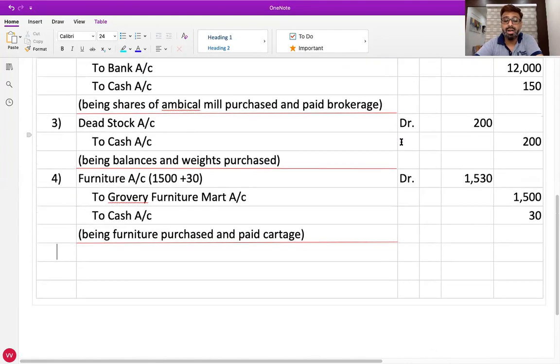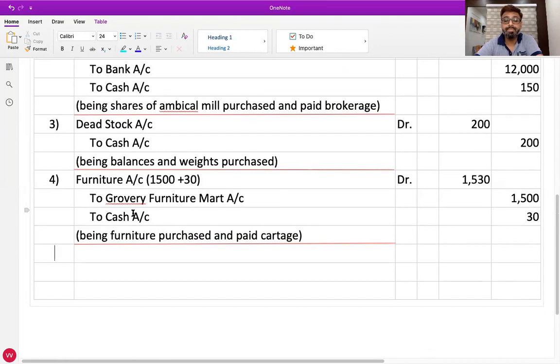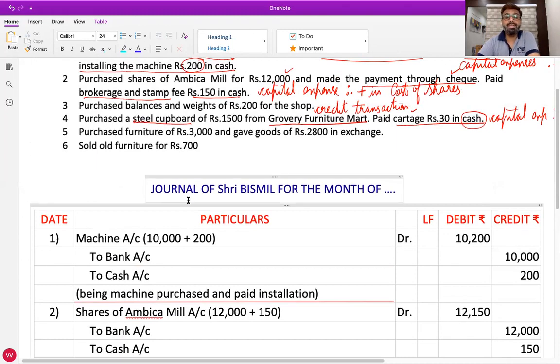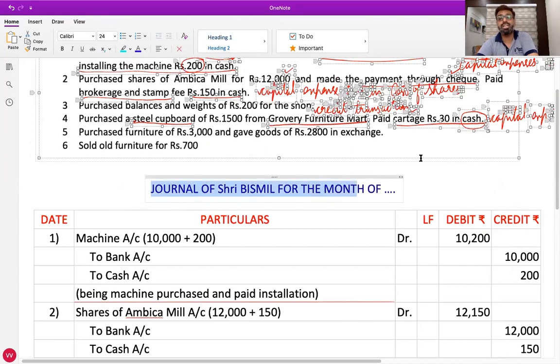So cash goes out. Credit what goes out. To cash account 30. Did you all understand this? Yes, sir.